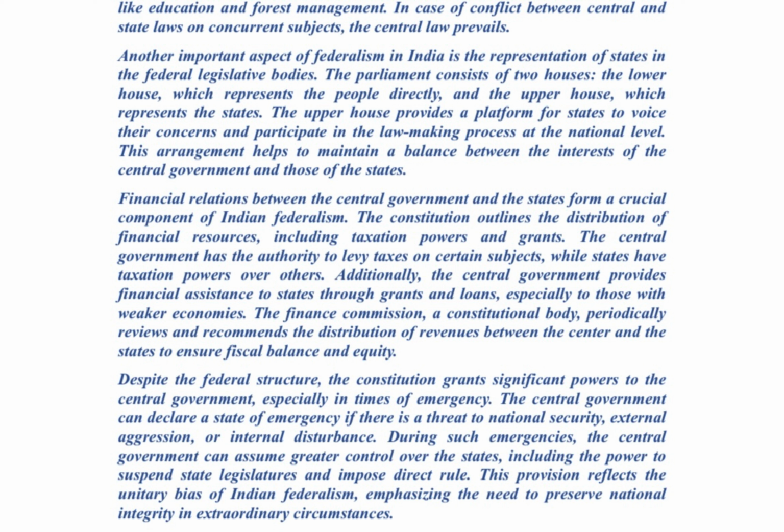During such emergencies, the central government can assume greater control over the states, including the power to suspend state legislatures and impose direct rule. This provision reflects the unitary bias of Indian federalism, emphasizing the need to preserve national integrity in extraordinary circumstances.